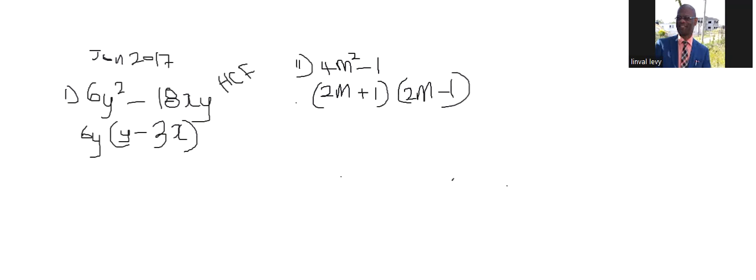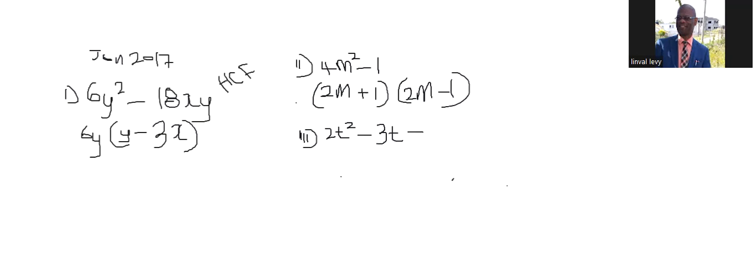Okay? Then the third one, write it down: 2t squared minus 3t minus 2.